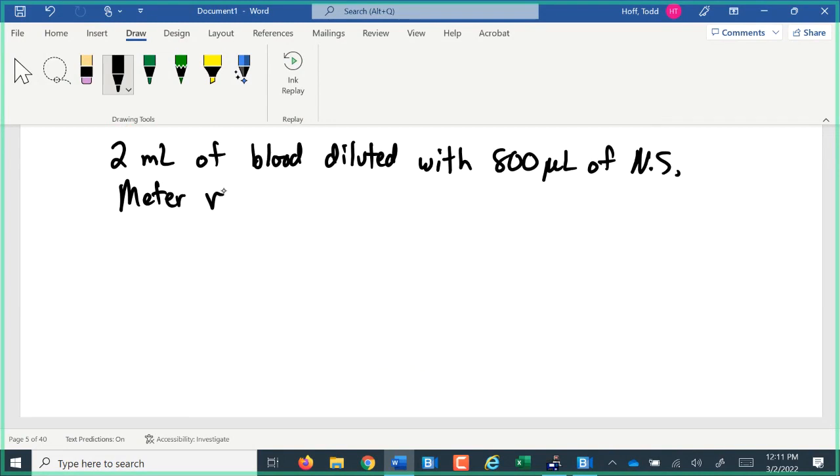The meter reading is, let's see, let's say it goes at 710 milligrams per deciliter. Let's find our true level in the blood here.